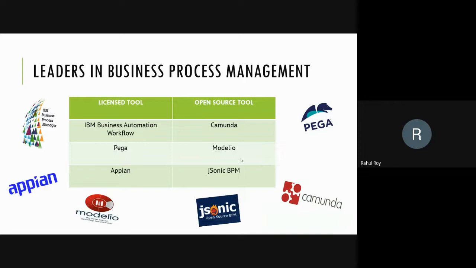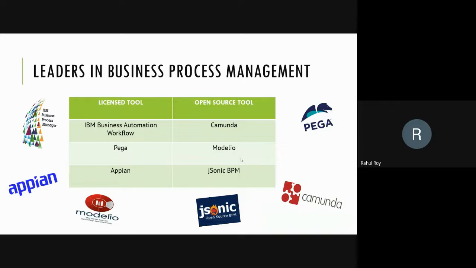IBM BPM and Pega have been in the BPM market for quite a long time, and I have been following this for almost 9 years. If you go through certain quadrants, for example the report generated by Gartner, you will always see that since 2012, 2013, IBM BPM and Pega were always at the top.